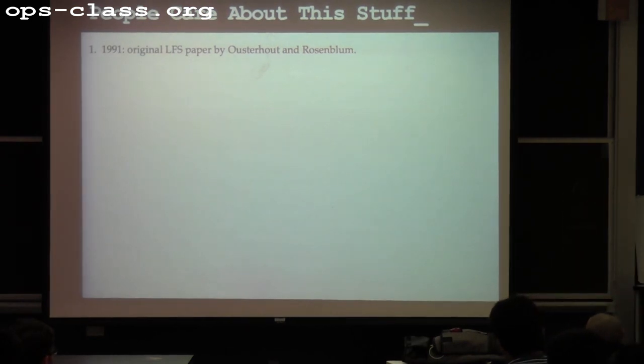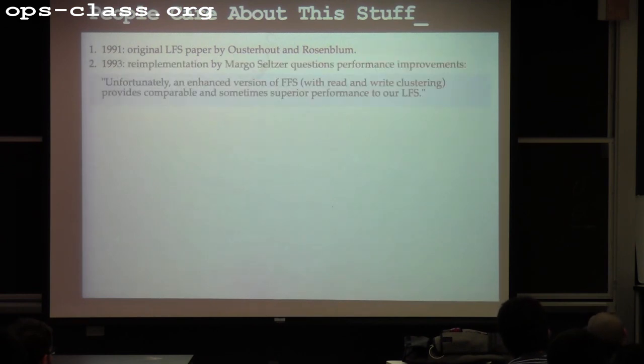So the original LFS paper, 1991, is written by Ousterhout and Rosenblum. Obviously, when you write a paper about something like this, you say it's awesome. This is really cool. Then there was this plucky graduate student who re-implemented LFS and raised questions about the performance improvements. Part of this was that FFS at the same time was also improving, so FFS and LFS were competing.